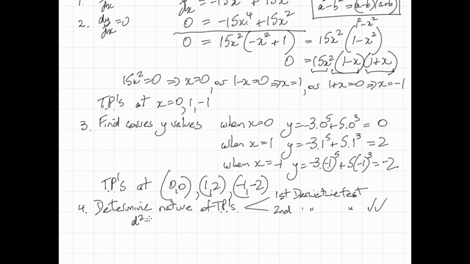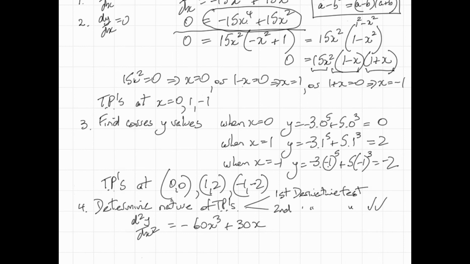So d2y/dx2: going back up again, we find the derivative of that, and we get negative 60x cubed plus 30x. So that is the second derivative.